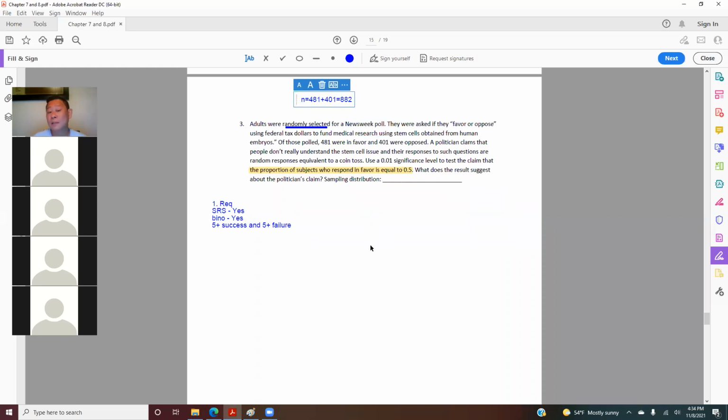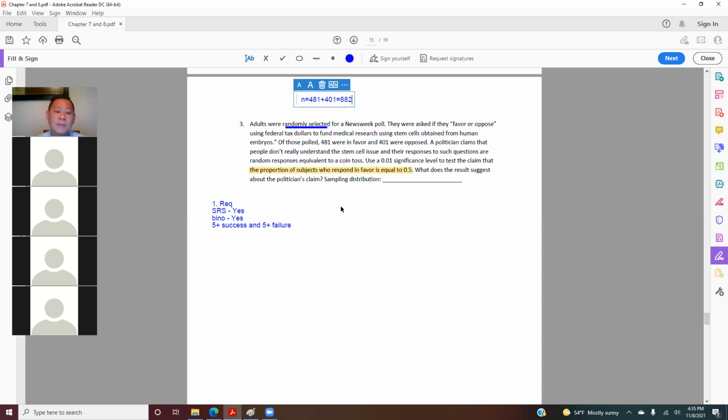So make sure you know that sometimes a question gives you how many successes and how many failures, so you have to add these up for your n. Okay, so we know n, and that is the first condition for binomial. The second requirement is independence. People who vote either in favor of or opposed to stem cell research are independent.